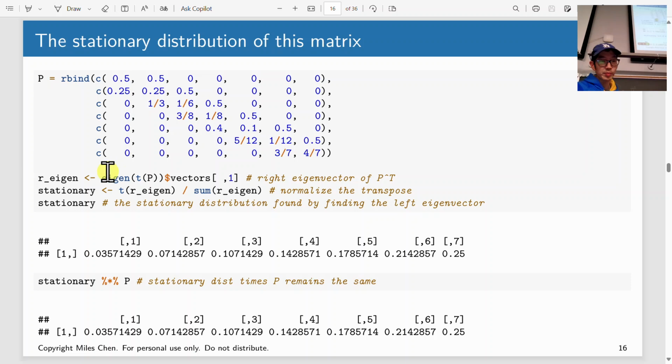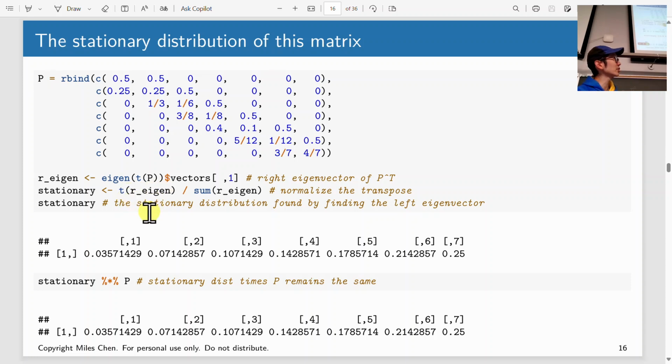And so the left eigenvector is equal to the transpose of the right eigenvector of the transpose of P. Okay, so here I'm going to take the transpose of P and get the right eigenvector of that, and then I'll transpose it back, okay?